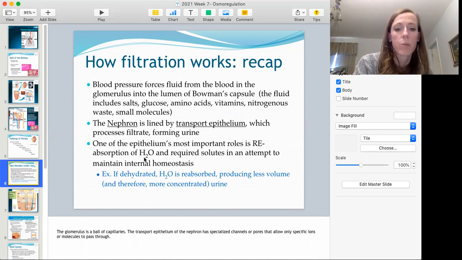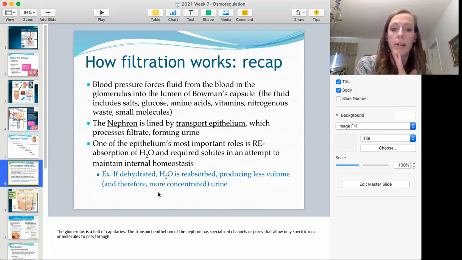Like I said before, one of the most important roles of this epithelium is reabsorption of water, okay? Another important role is reabsorption of salts if we need them. And the ultimate goal is to maintain homeostasis. We need to maintain our necessary degree of water in the blood. We need to maintain the amount of salts in the blood, and we need to maintain the pH, okay?